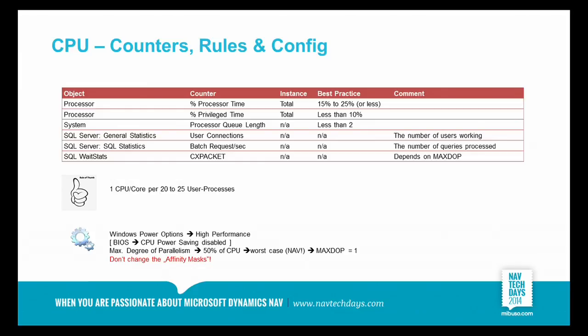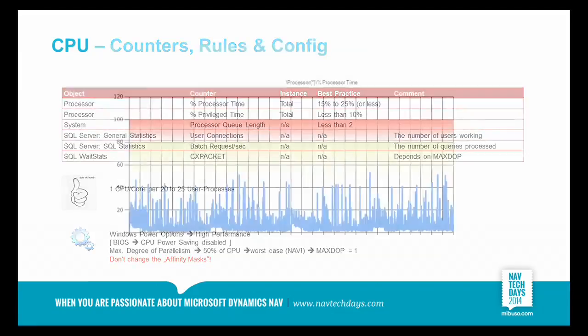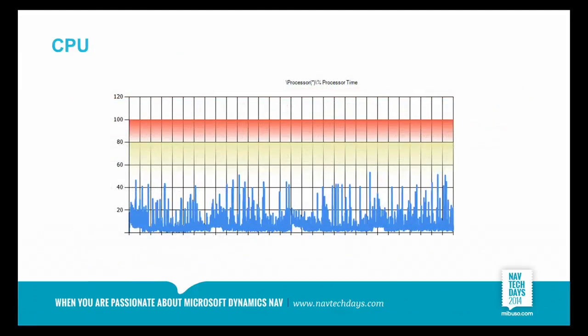Okay, so that means CPU actually is an easy thing to size and to configure. So this is just an example taken based on this performance monitor data. This is an average CPU load of about 12% or something like this. So all in this room temperature range, where I say this is okay. 80%, that is the old Microsoft threshold.